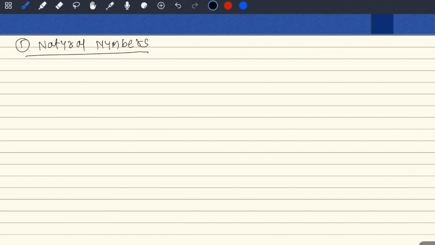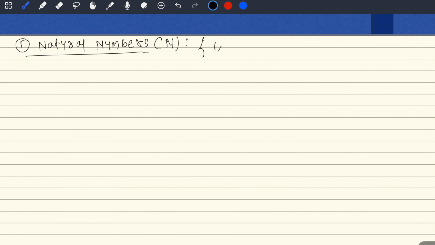What symbol do you use in school for natural numbers? It is capital N. And what are natural numbers? They are the basic counting numbers, right? And how did you note these numbers? By using curly brackets. The elements are 1, 2, 3 and so on.